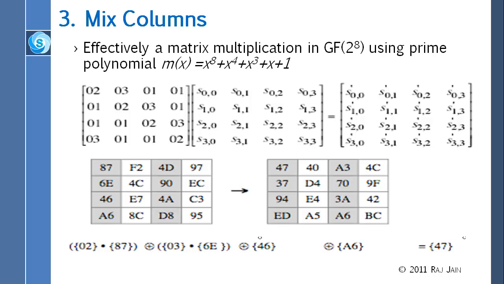First row is 02, 03, 01, 01. First column is 87, 6E, 46 and A6. So we multiply 02 with 87, 03 with 6E, 01 with 46, 01 with A6, and then we add together, and we will get 47 by this whole polynomial thing, right?